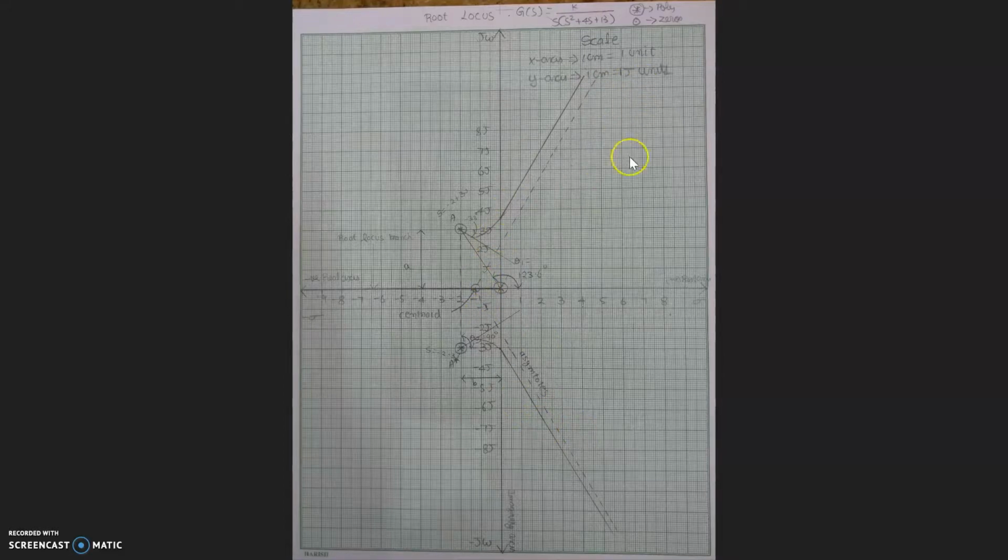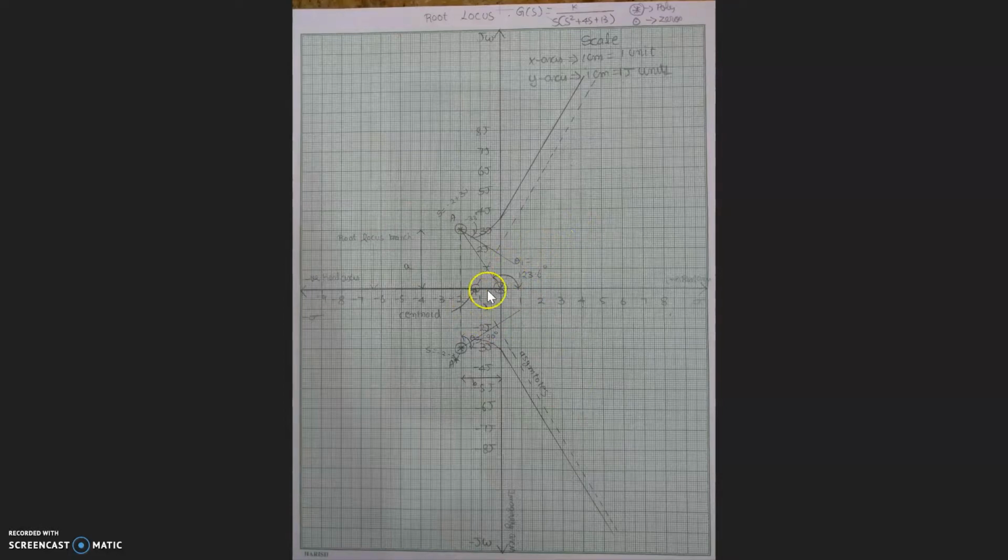The dotted line is called the asymptote line. Similarly, pole P3 intersects at minus 3.6j, and it goes parallel till infinity, parallel to the asymptote line. So here we have calculated the K value and also the respective angle of departure values.